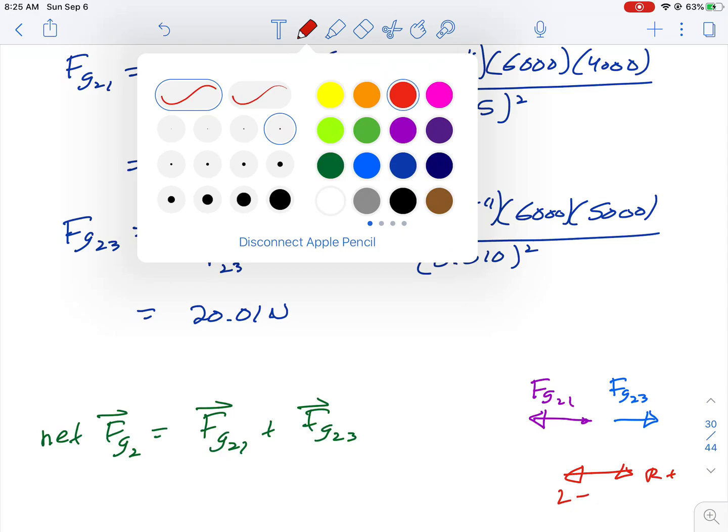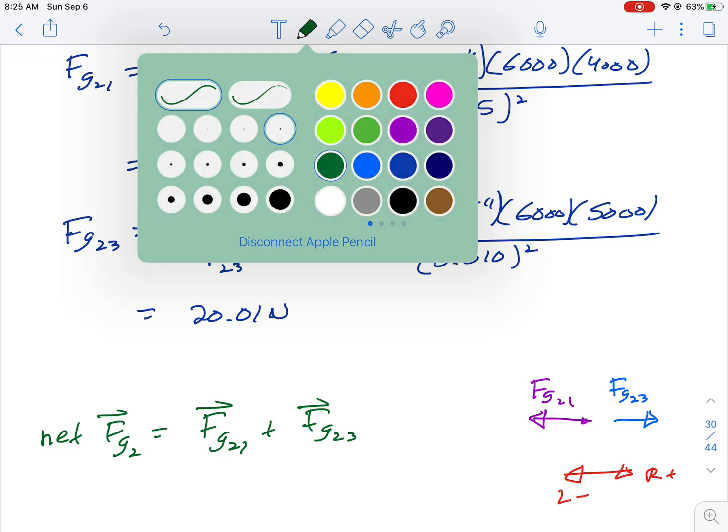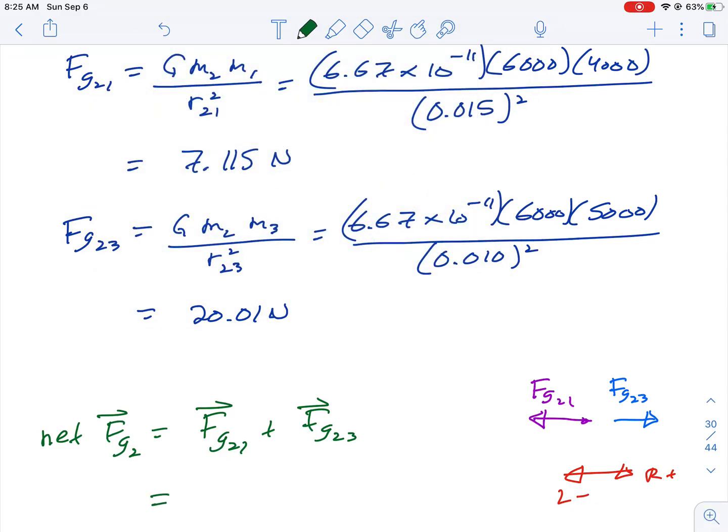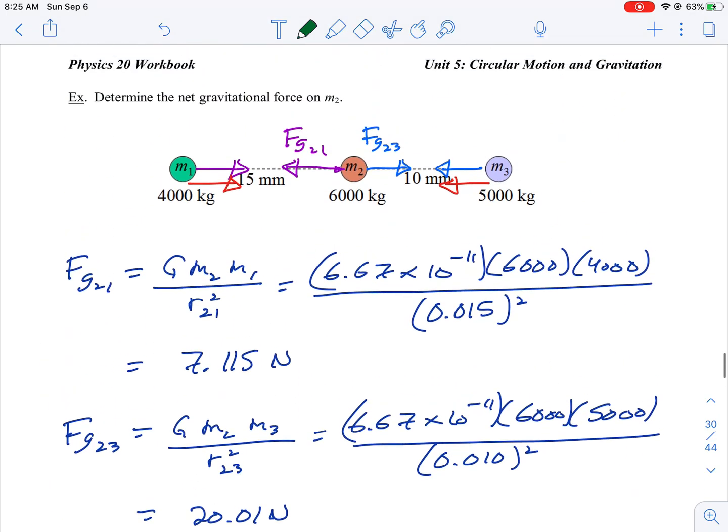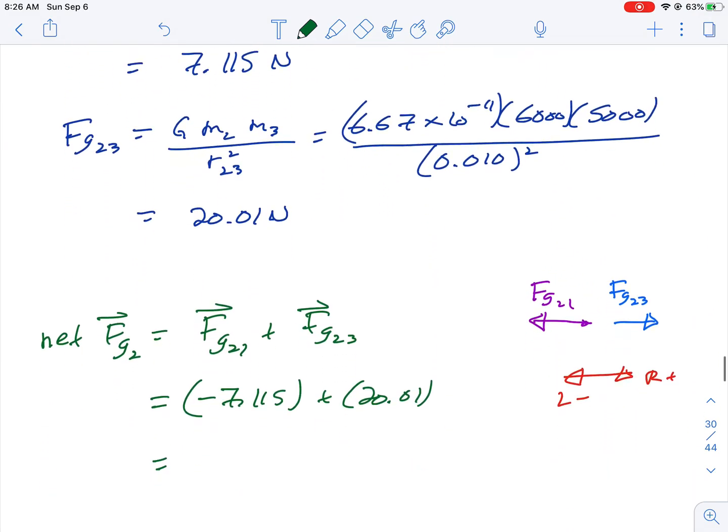Okay, well what we'll see here, go back to green, Fg21 is going to the left. So that's going to be negative 7.115. And then Fg23 is positive, going to the right, 20.01. And how many sig digs do we get here? Looks like just 2 based on the distances.